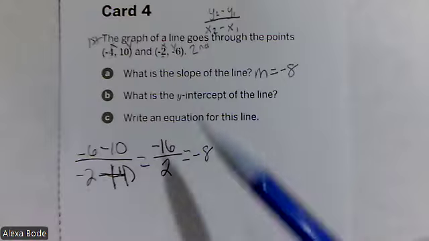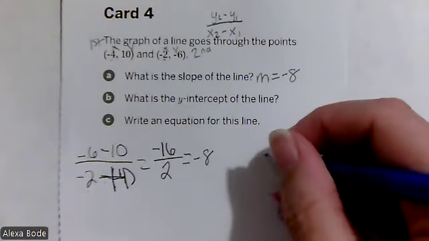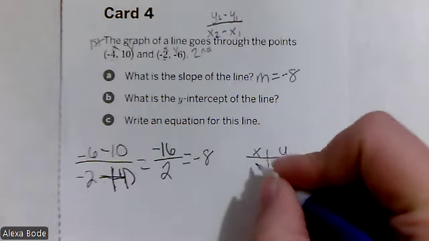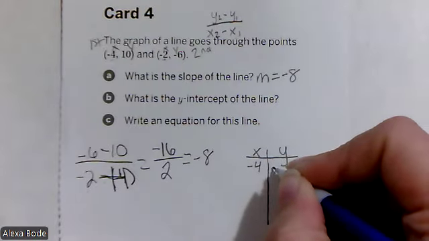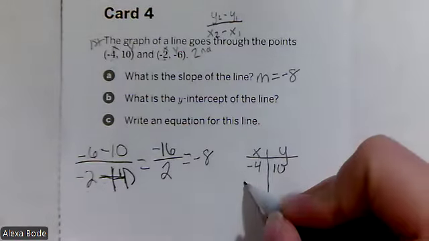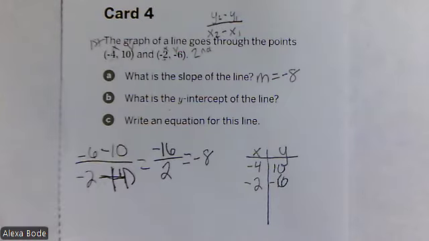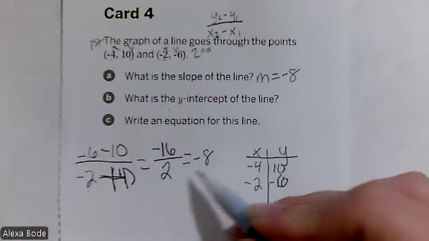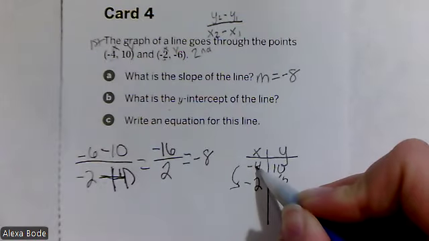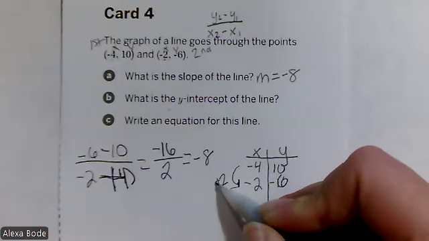To find the y-intercept, I'm going to put these 2 points into a table and look at the table method to help us find the y-intercept. So we have the point -4 comma 10, and we have the point -2 comma -6. Just to prove that our slope is -8 again, to go from -4 to -2 is a +2.